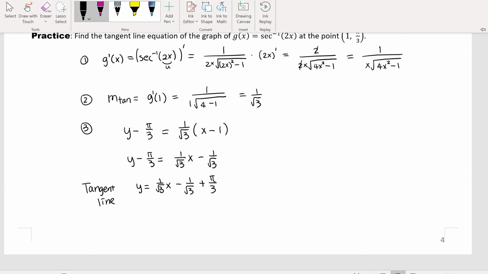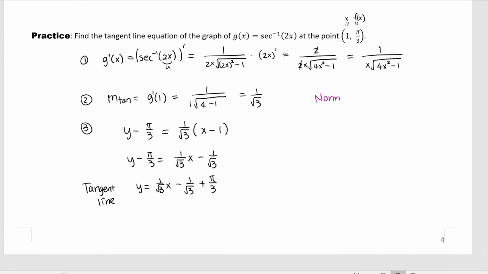Okay. What happens if I ask you to find the normal line? Okay, how do you find the normal line? What is m normal? Is that reciprocal or negative reciprocal? Yes, negative reciprocal. So it's minus square root of 3, and then still point slope form, y minus the y coordinate of the point equals to the slope, x minus the x coordinate of the point.